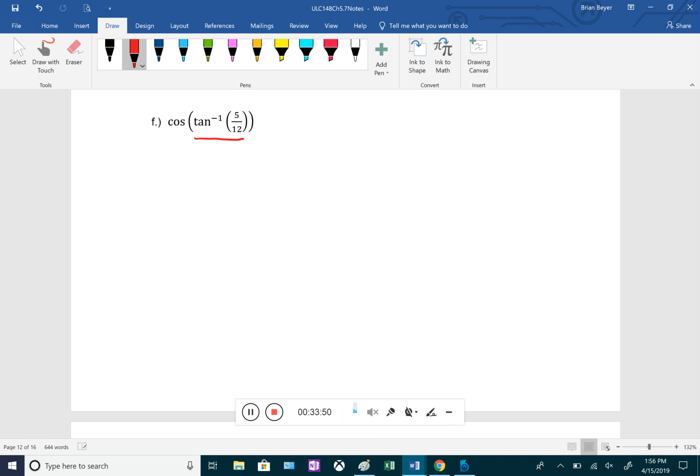So theta equals tan inverse of 5 over 12. Pretty similar to what we did several pages ago. And this means that tangent of theta equals 5 over 12. So we're going to try to create a right triangle in the correct quadrant for theta. And then we'll find cosine of that angle, and that will be our answer.